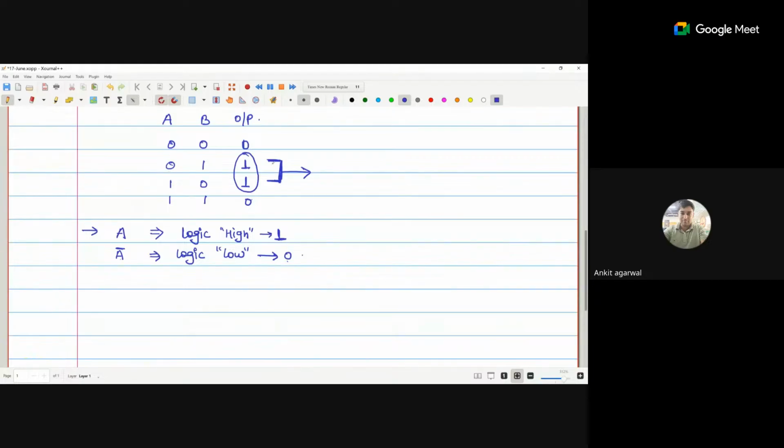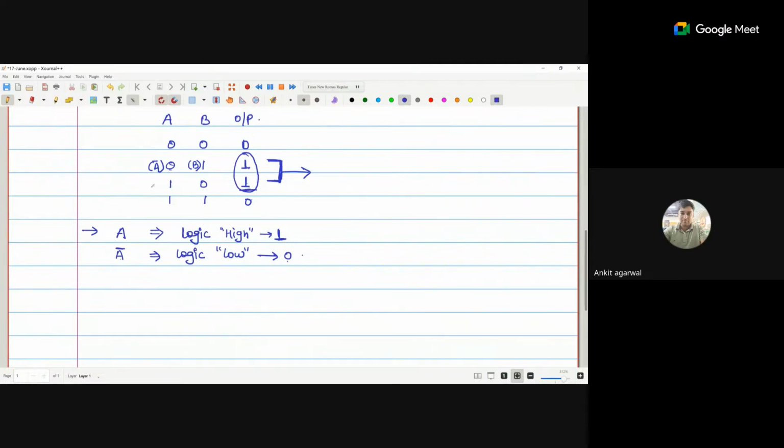So if I write a min term, for this, A is 0, so I can represent it as A bar in the case of a min term, and B is 1, so I can represent it as B. Similarly, the output is represented for this condition.